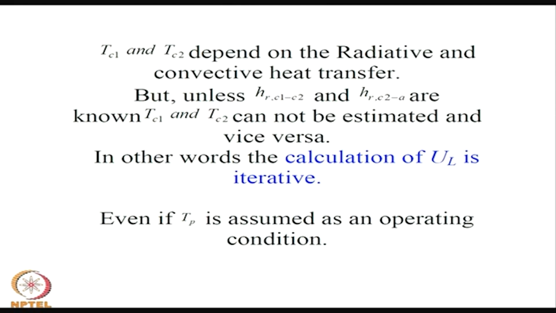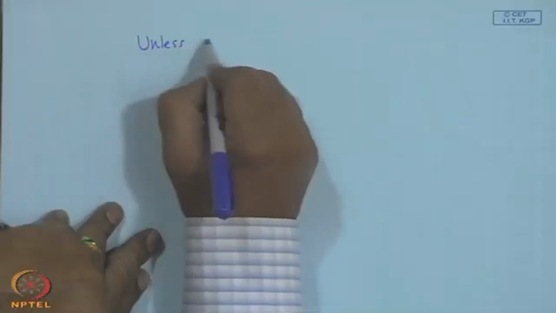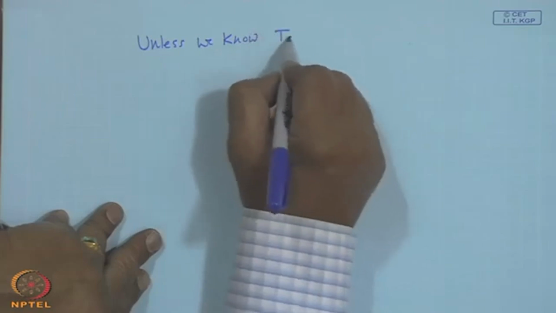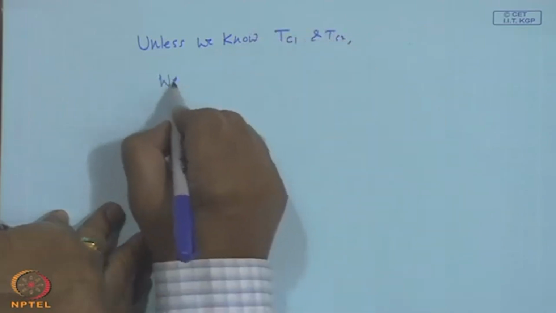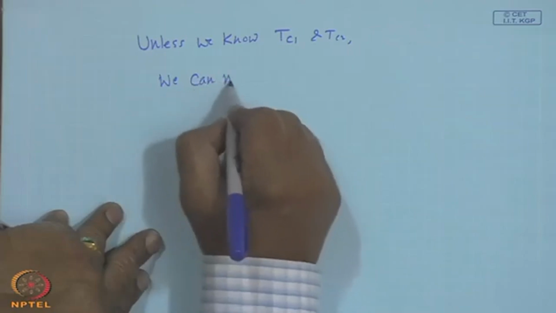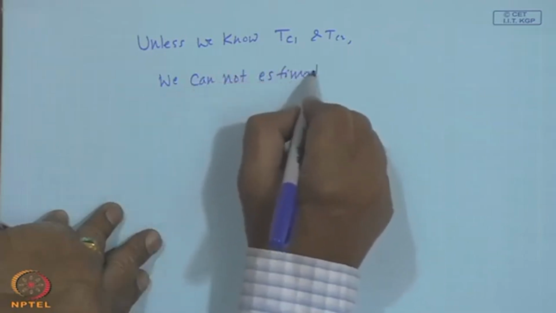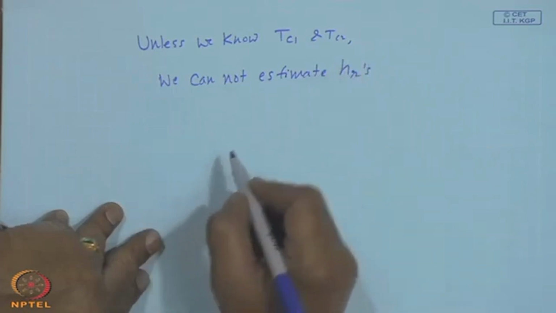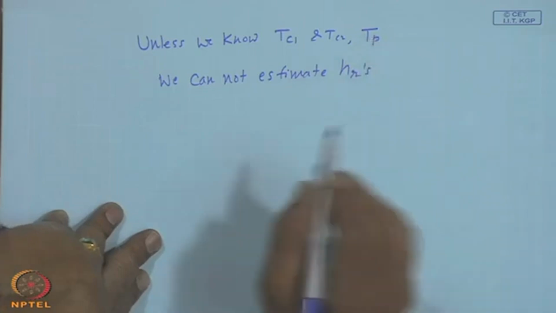So, now we have got an interesting problem. Unless we know T_c1 and T_c2, we cannot estimate h_r's in general. Maybe I can add a T_p also. Okay, T_a is known too.